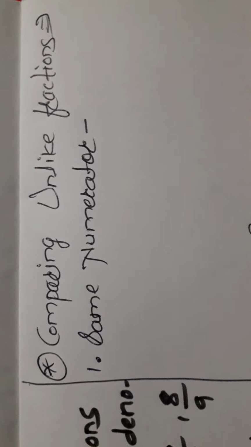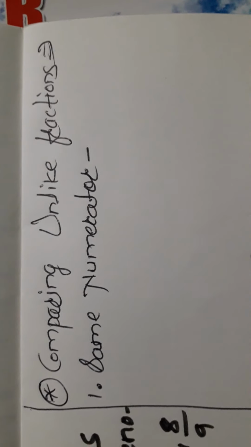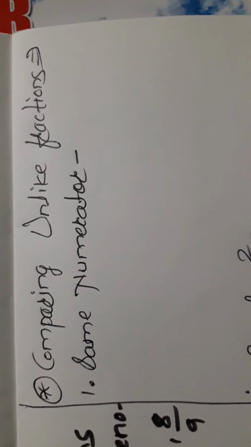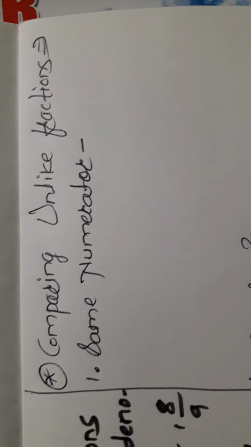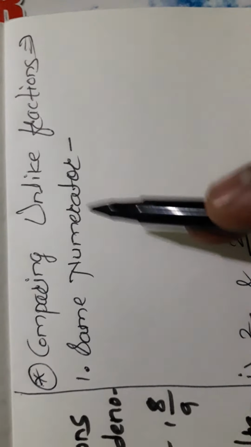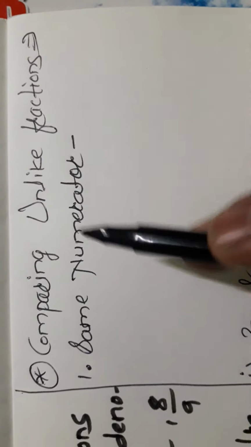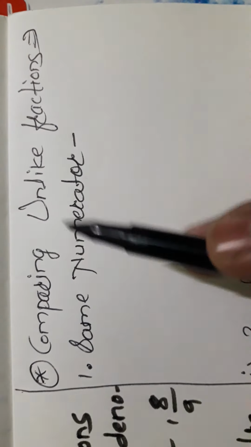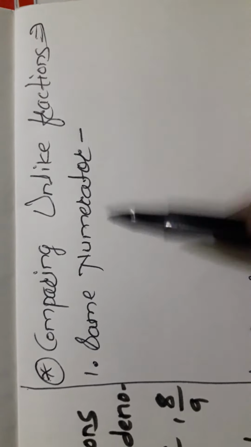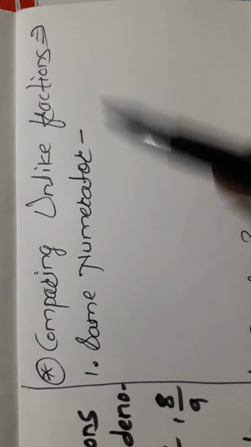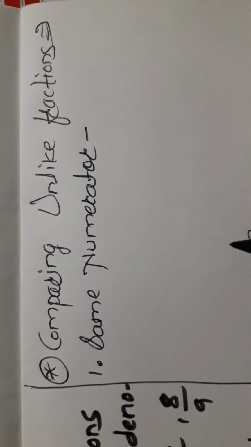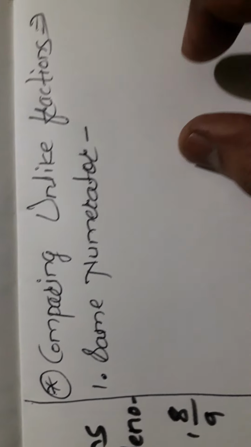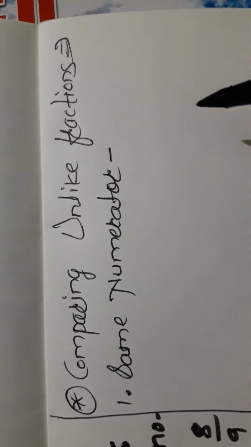Okay, now see here. Here also I am going to give you one clue. When we are going to compare unlike fractions that have the same numerator, if the numerator is the same in the two fractions, the fraction with the smaller denominator is greater. What I said: the fraction which has the smaller denominator.